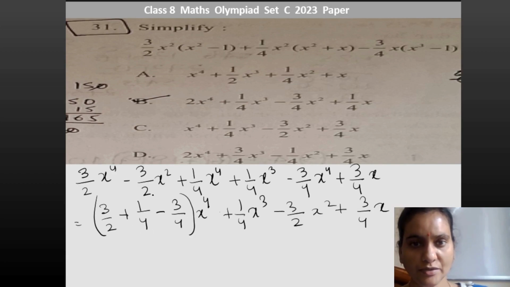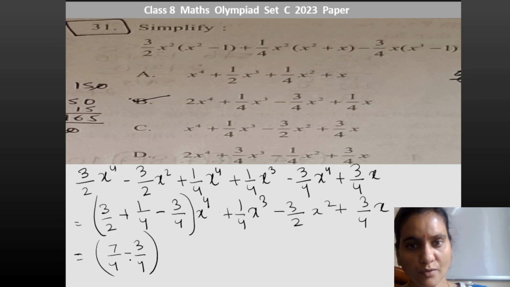Now let's first do this addition. 3 by 2 plus 1 by 4, what will it become? It will be 6 plus 1, 7 by 4. Then 7 by 4 minus 3 by 4, I'm sorry, will be equal to 4 by 4.